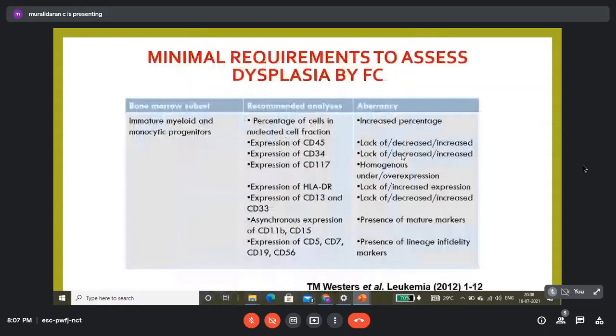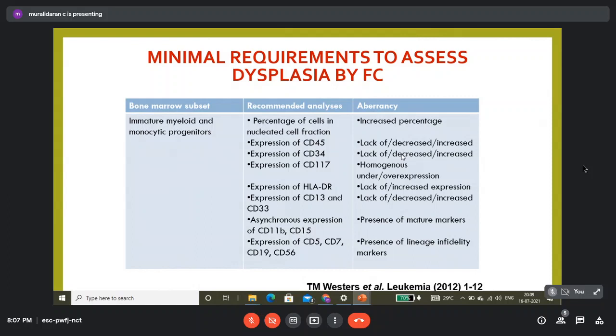So what will you see? In the immature myeloid and monocytic series, either they will have an increased expression, or a decreased expression, or a heterogeneous expression. So anything abnormal from the normal pattern can be detected easily by flow cytometry.